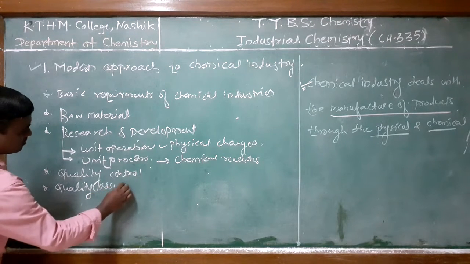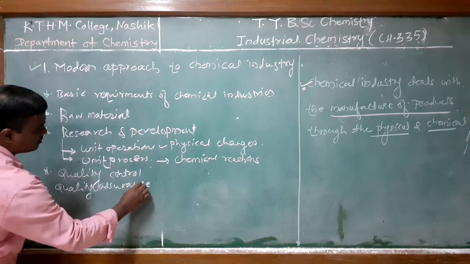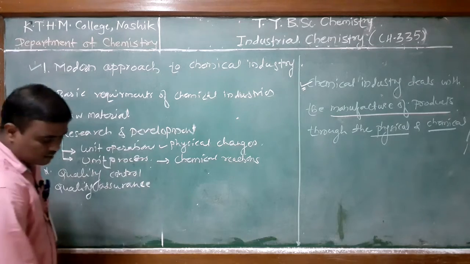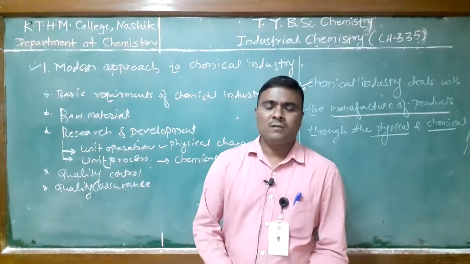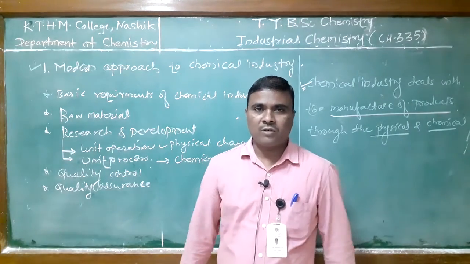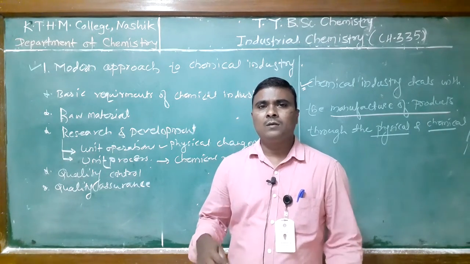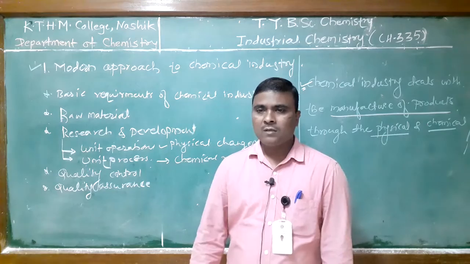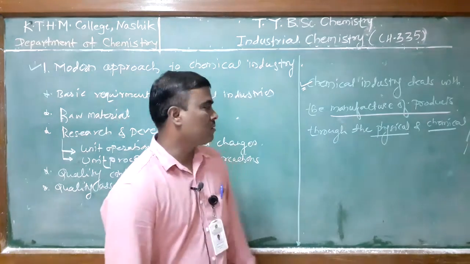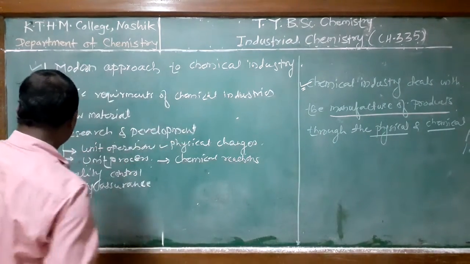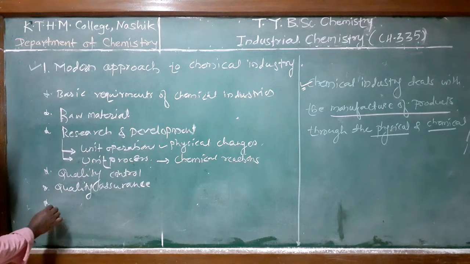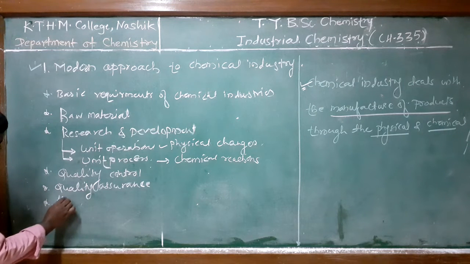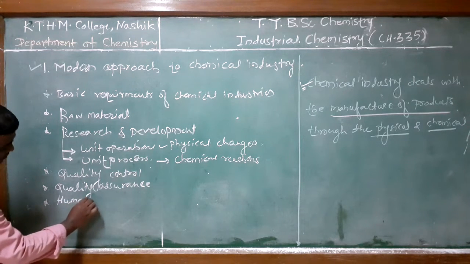This department takes care whether industry is following standard operating procedure or not, whether the manufacturing process stuck to the design process or not. So, it assures the quality. Then the most important department or factor is, next, human resource.